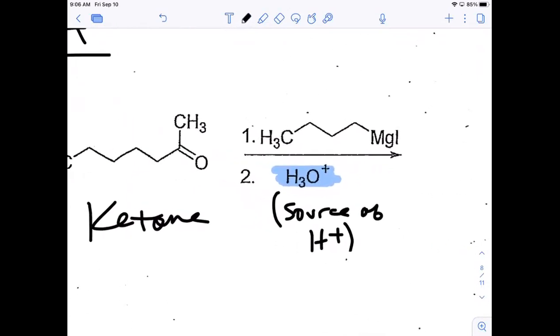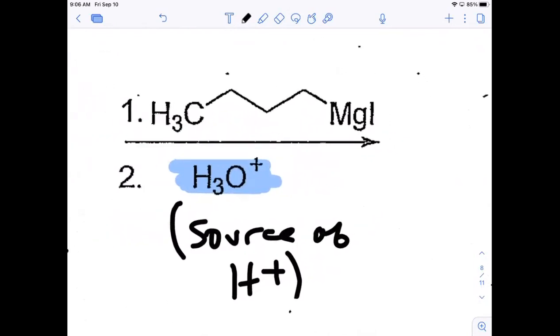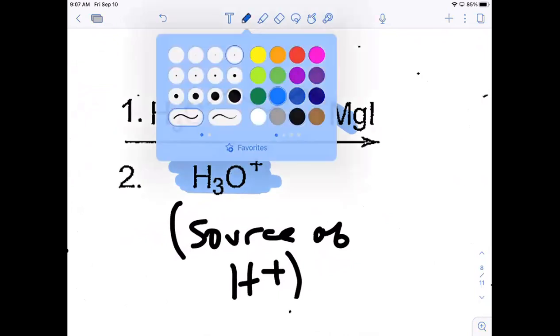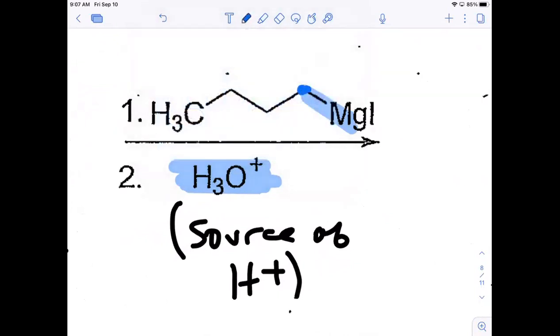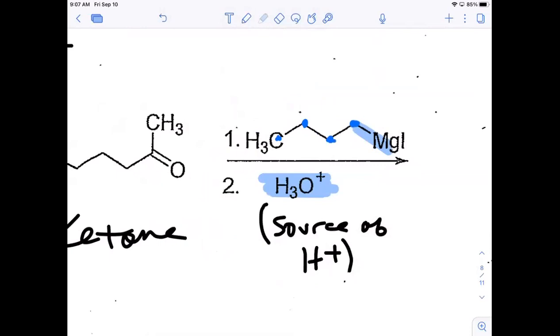All right, so here's my Grignard. This is all I care about. So we're actually going to add this carbon right here and everything that's attached to it to the carbonyl. So we're going to add it to this carbon right here.